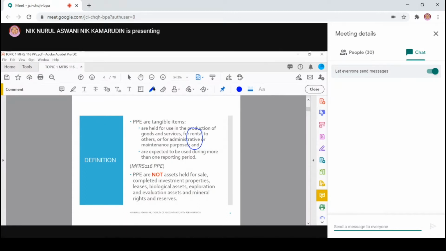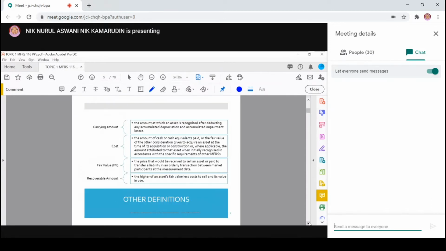So why do we have rented to others here? The reason is that in property, plant and equipment, other than property, we have plant and equipment, which you may rent out to the other party. So this item can still be classified as plant and equipment under PPE. But for property, if you rent out to the other party, then you have to recognize that under a different standard, which is MFRS 140.